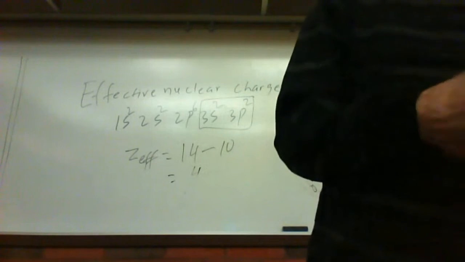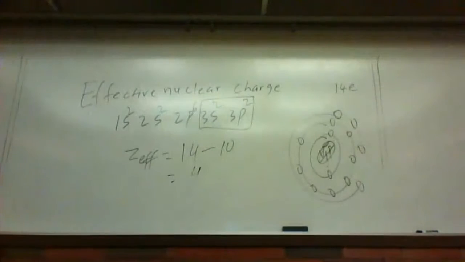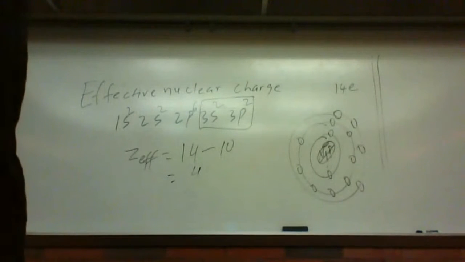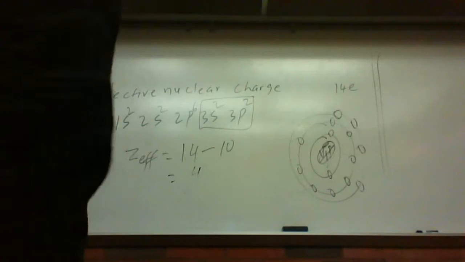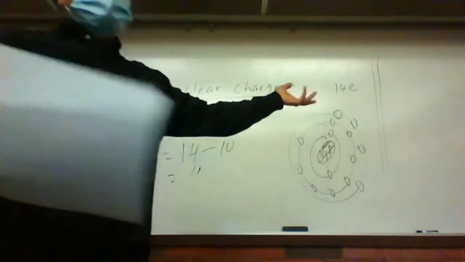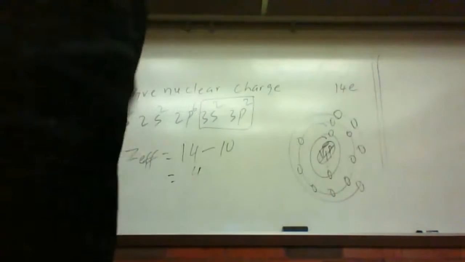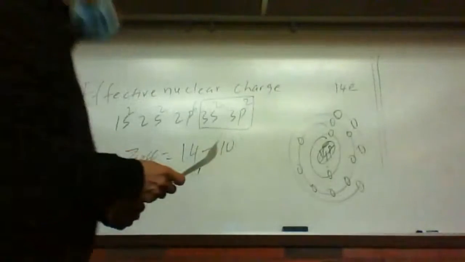In those slides I'm just talking about the size of the atom, which we will cover in a separate slide later. So you know how to calculate the effective nuclear charge: the effective nuclear charge experienced by the outermost electron equals the number of protons minus the number of inner electrons. Good.